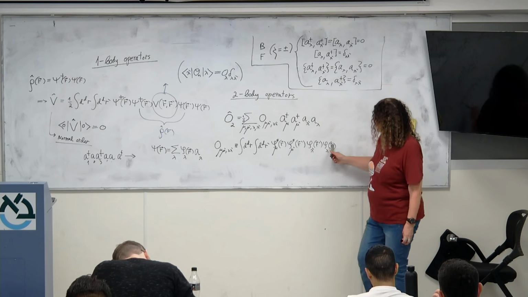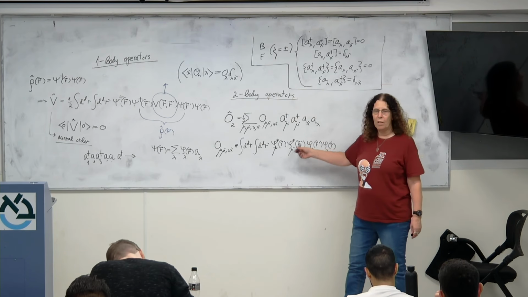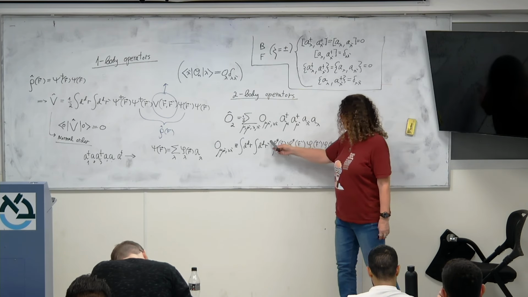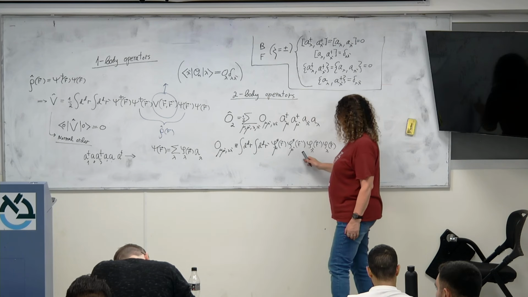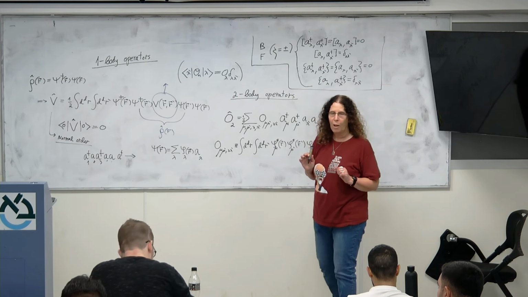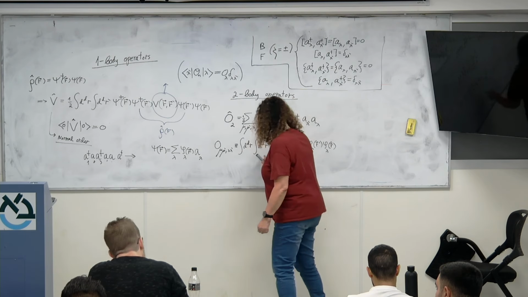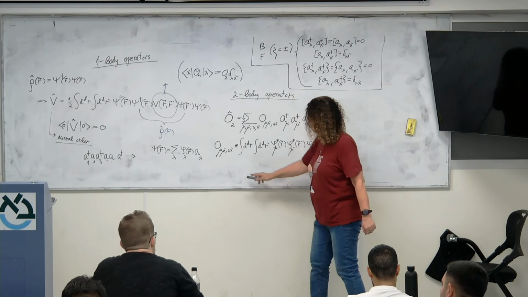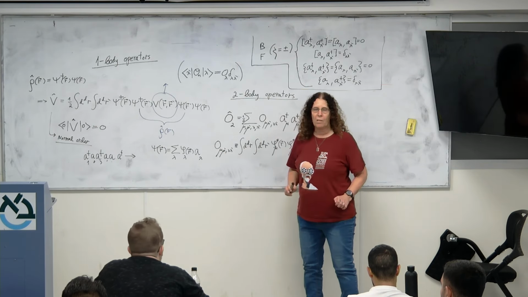Okay? And then if you know the wave functions, you can calculate it. You integrate over space, and everything here is just a function of R, just an integral. The result will depend, generally, on 4 indices.